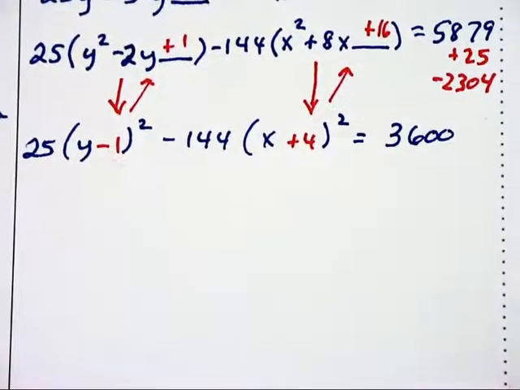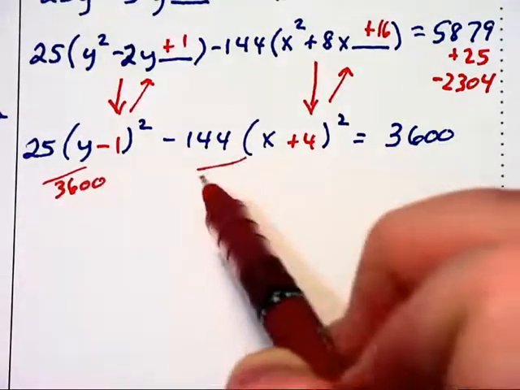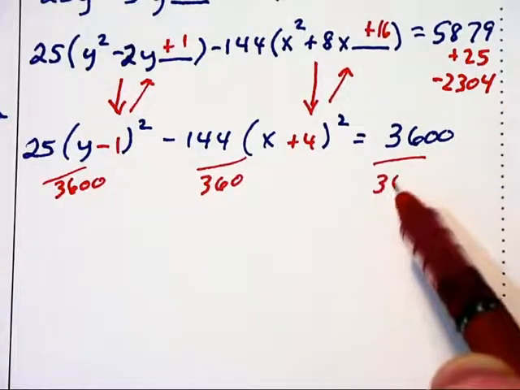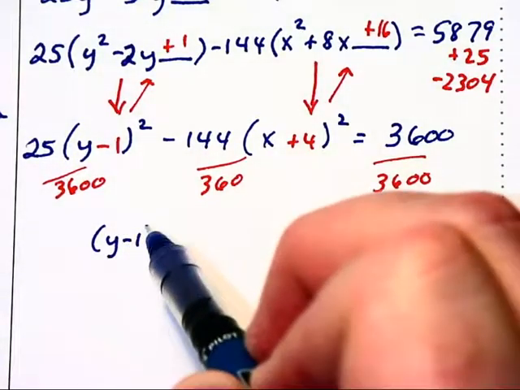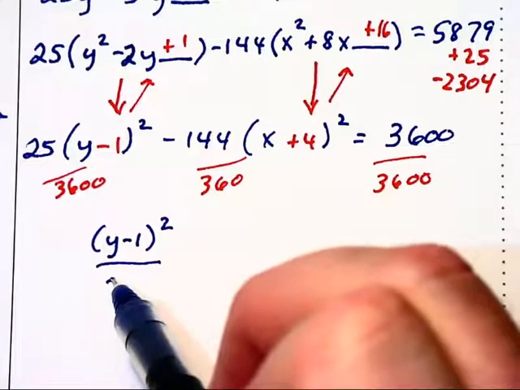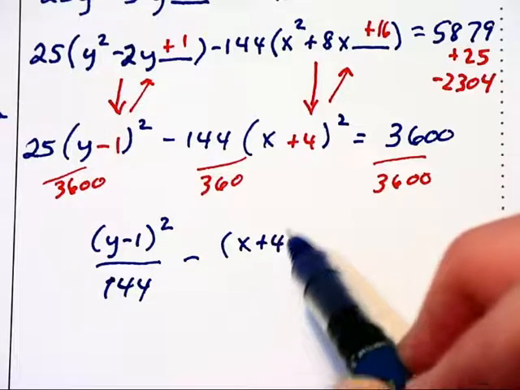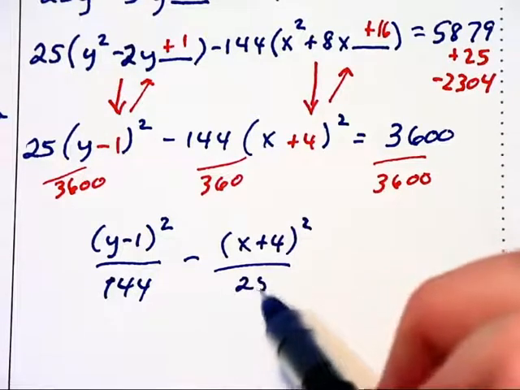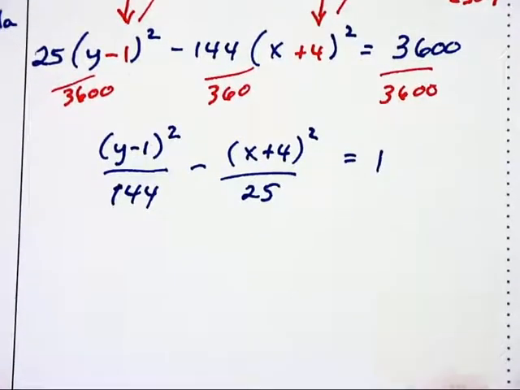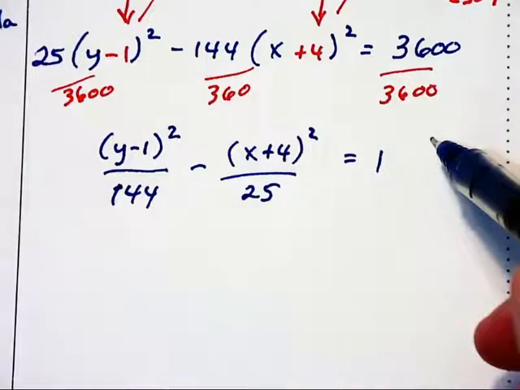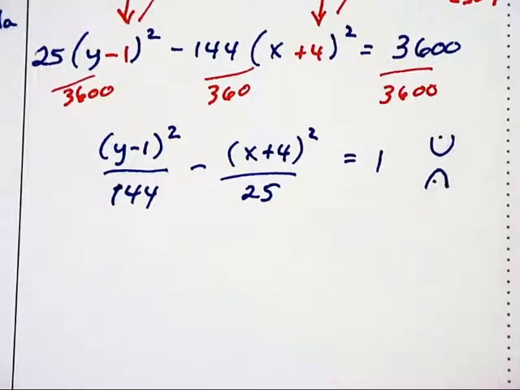The numbers are nice and clean now, so we're going to divide through by this 3,600 on each side of the equation, and that will give us, after cancellation, y minus 1 quantity squared over 144 minus x plus 4 quantity squared over 25 is equal to 1. This hyperbola begins with the y squared term, so this is going to be a vertical hyperbola opening upward and downward for its orientation.